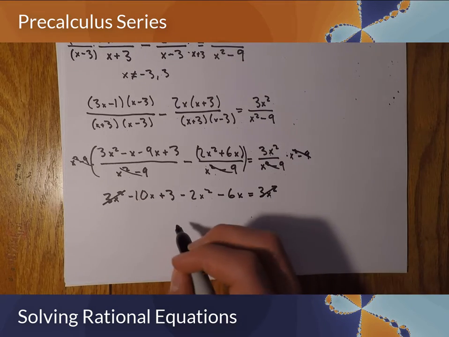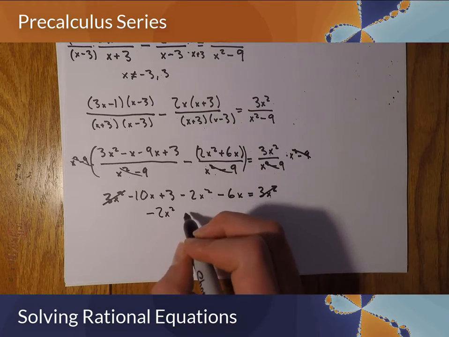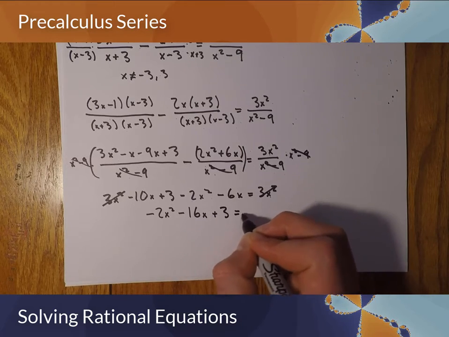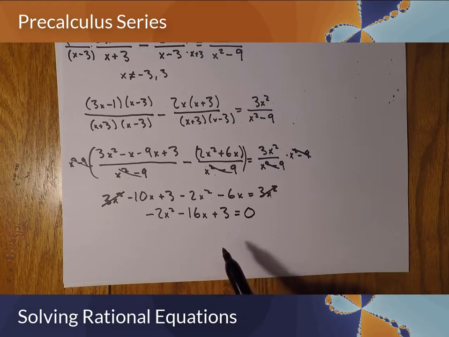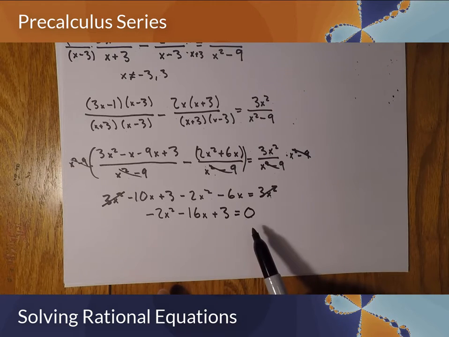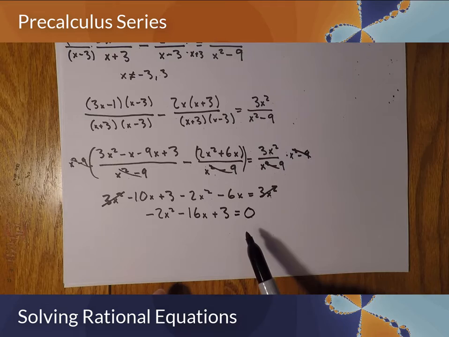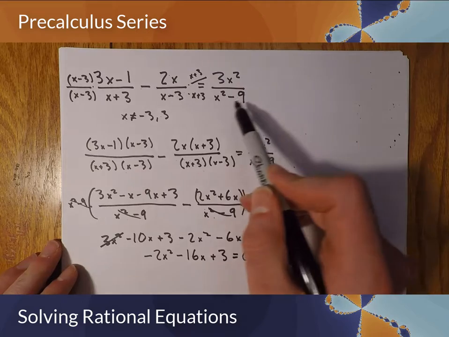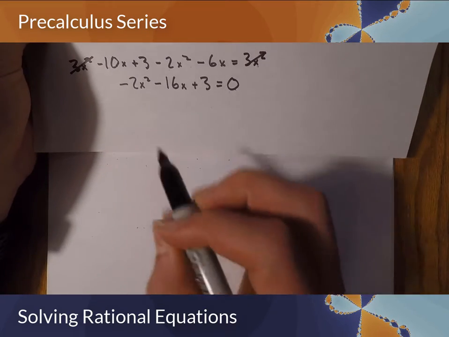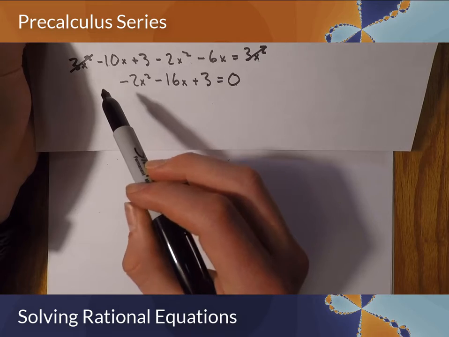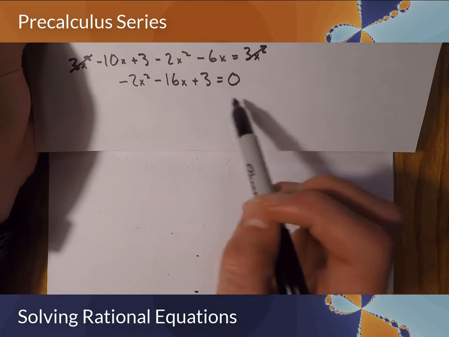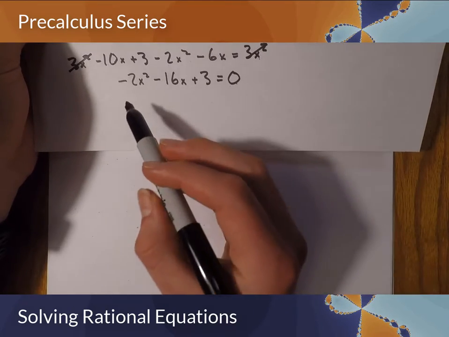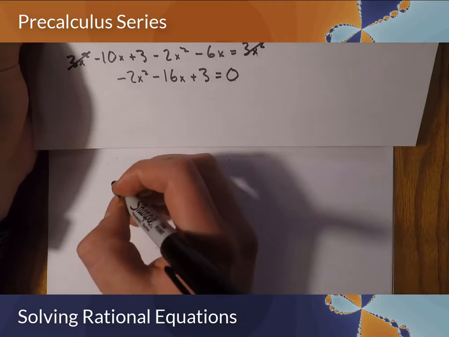And so what we're left with is negative 2x squared minus 16x plus 3 equals 0. So now we have to plug this into the quadratic formula to find our solutions to this rational function right here. As you can see, we boil it down to a quadratic equation, and to find the solution to this quadratic equation, we just use the quadratic formula.